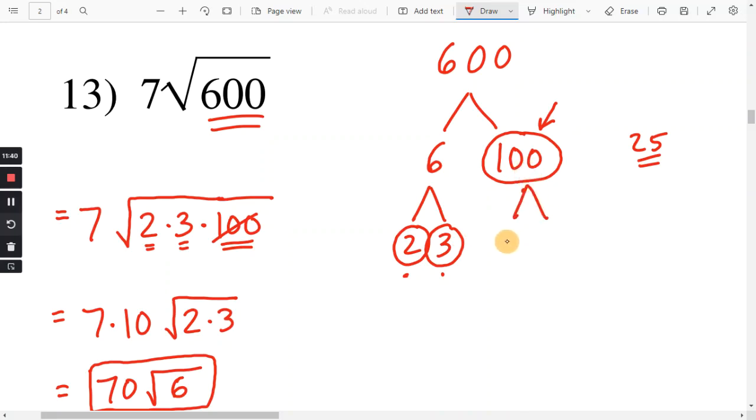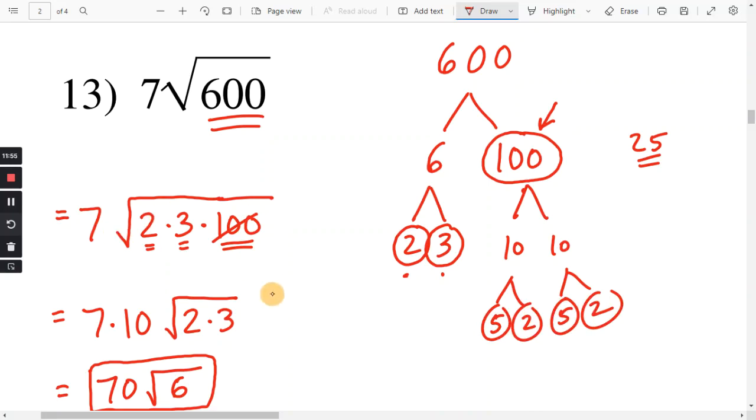If you wanted to break up the 100 into 10 and 10, and then break up the 10s into 5 and 2, you could have done that as well. And then you would have all these numbers underneath the square root symbol. Okay. And you would still get the same answer. So you can break it up all the way to the primes if you want, but if you have a number like 100 or 25 that you know the square root of, you can stop there if you like.